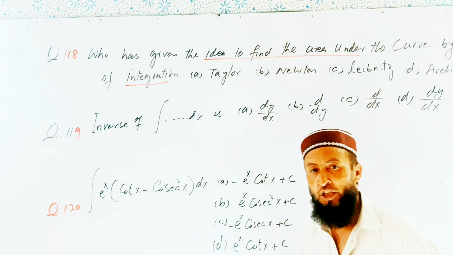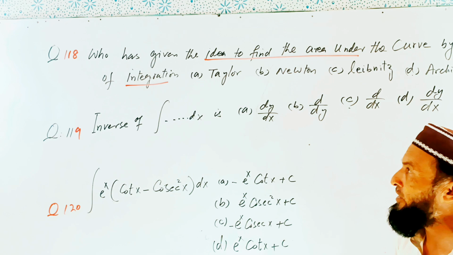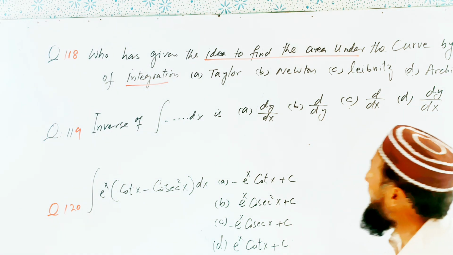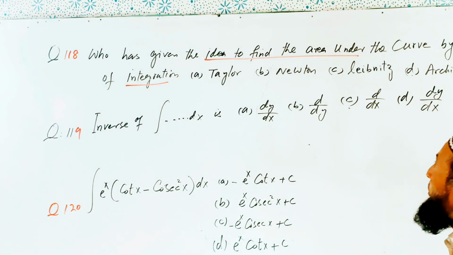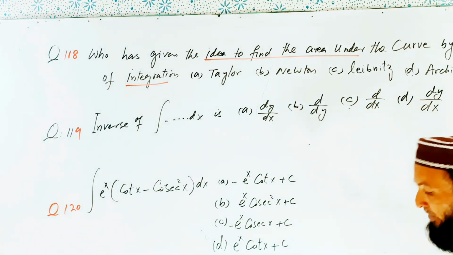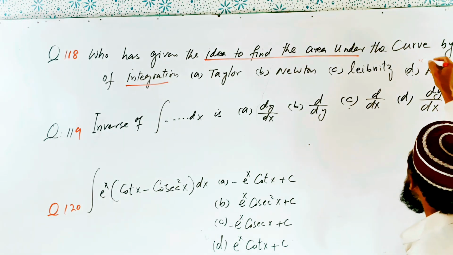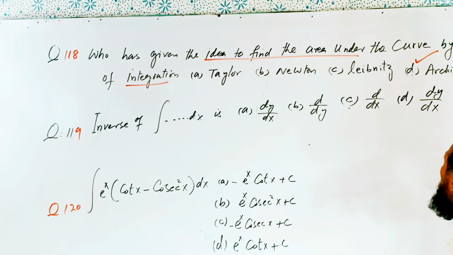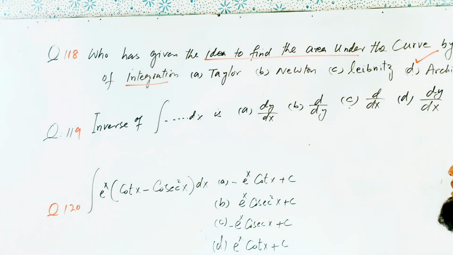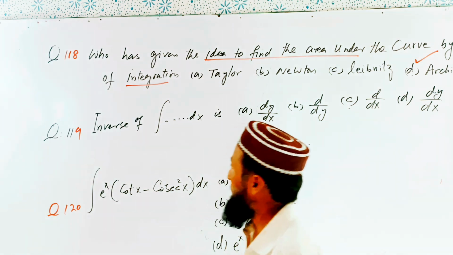There are two mathematicians, Newton and Leibniz, who worked on integration, but the idea about the area under the curve was given by Archimedes. Archimedes is the scientist who gave the idea to find the area under the curve by use of integration.